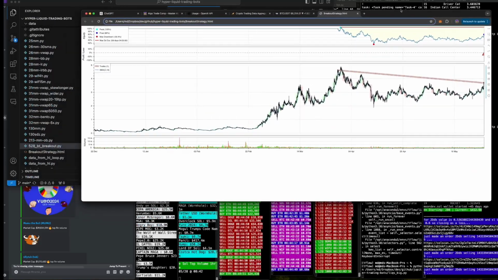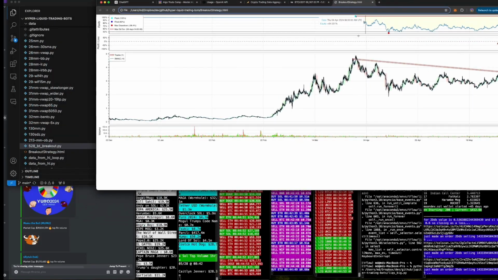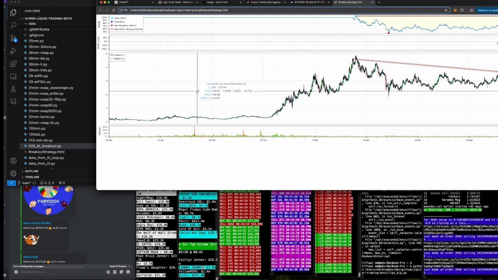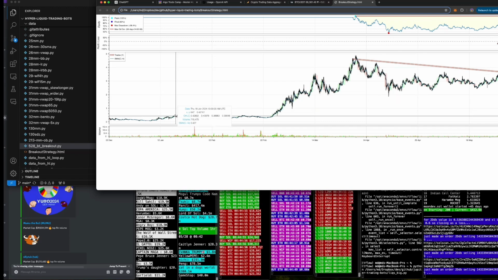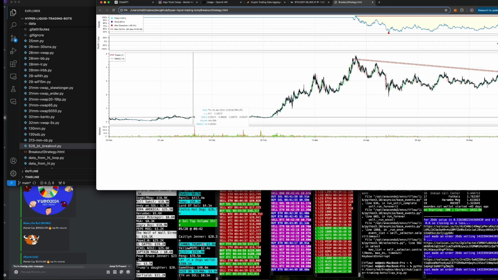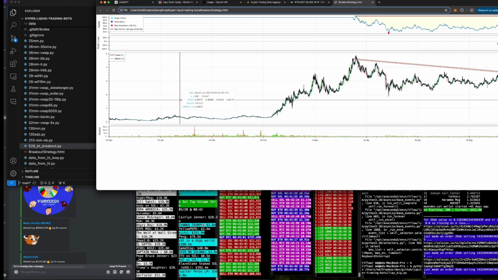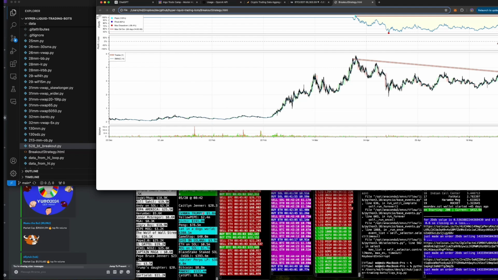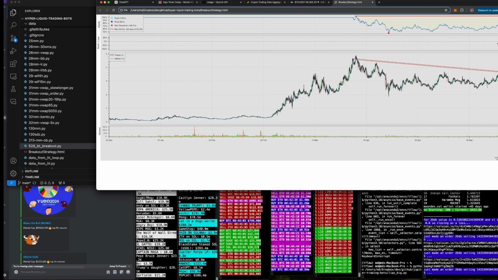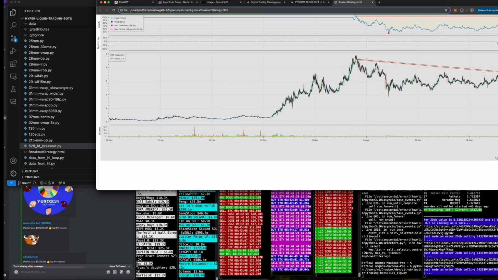I find this one hard to believe because it's happened so many times where it breaks the daily. Yeah, this is definitely broken. So I gotta look through this backtest and raw dog it just a little bit.